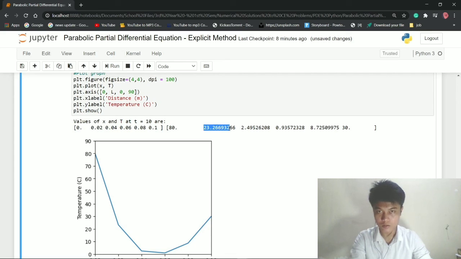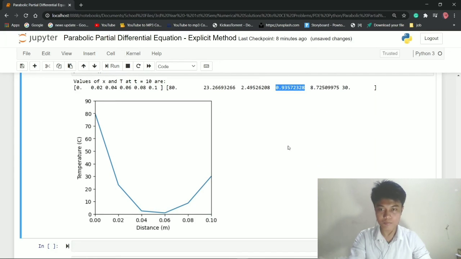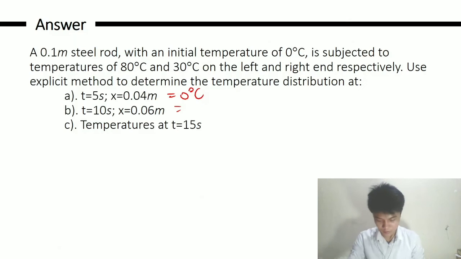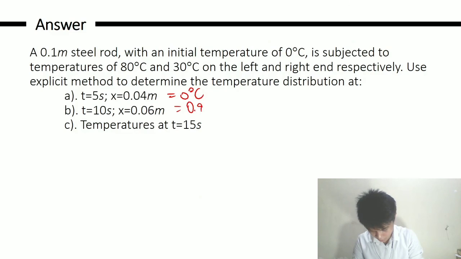So, ang sagot natin dito, kung makita natin dito sa graph, yung 0.06 is 0.93, di ba? Parang kunting alis lang dun sa 0. So, 0.94. So, this is 0.94 degrees Celsius.